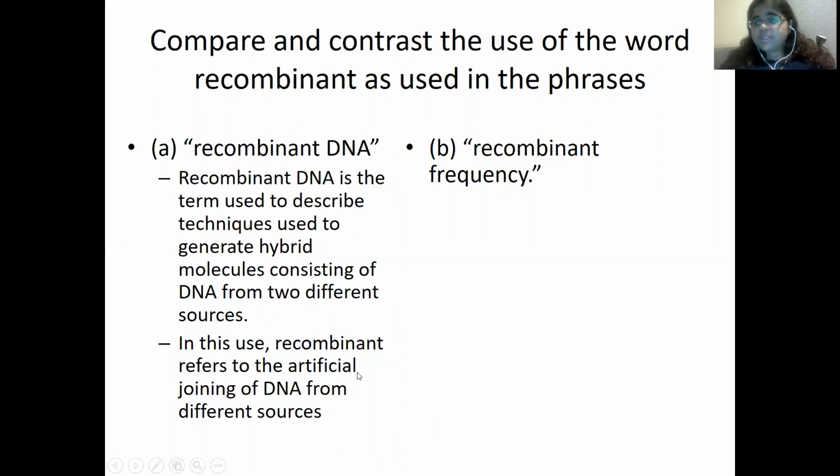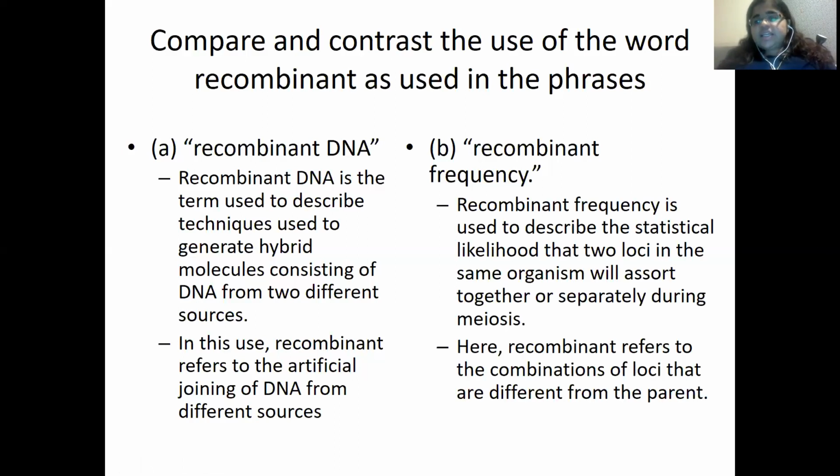Okay, so how is this different from recombinant frequency, what we've been talking about half of the semester? So recombinant frequency is used to describe the statistical likelihood that two loci in the same organism will assort together or separate during meiosis.